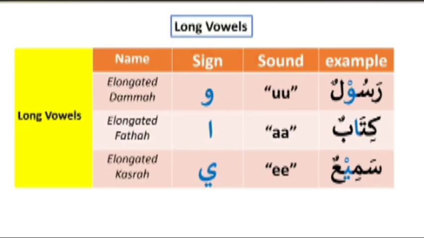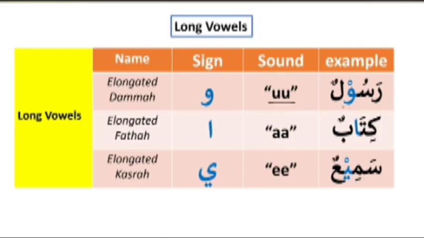So what are the long vowels? They are basically elongated dhamma, fatha, and kasra. The vowel becomes longer. We prolong the short vowels for 1 second, and when we talk about the long vowels, normally we prolong them for 2 seconds. So for example, here we can see it's wow basically, but the sound is the oo sound, and it will be rasulun.